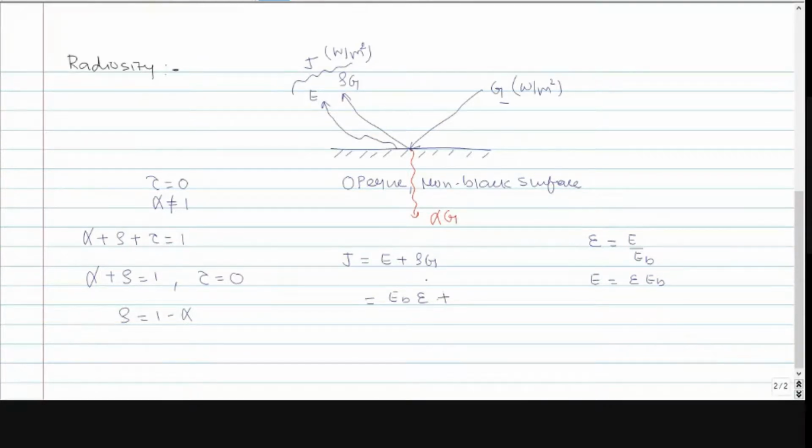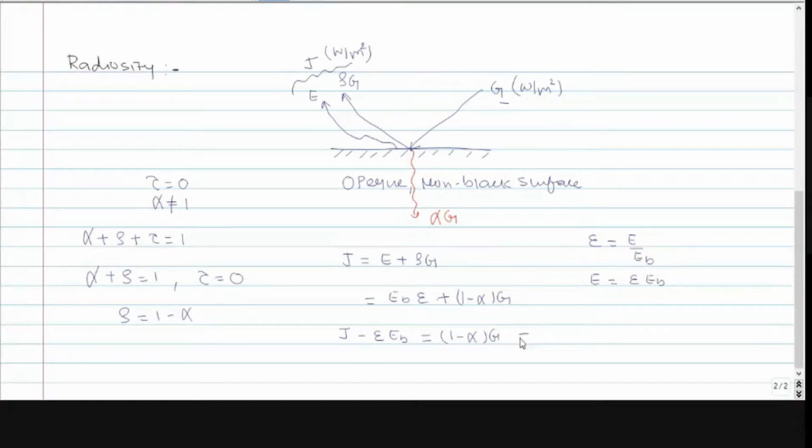Then I know that rho equals 1 minus alpha, so I write 1 minus alpha times G. Now I carry the term emissivity times the emissive power of black surface to the other side, so it becomes 1 minus alpha times G. Now I make G the subject.